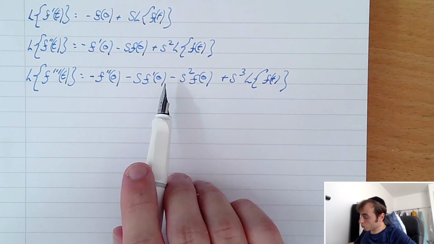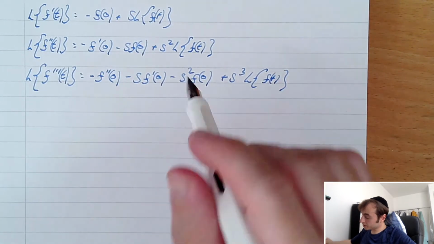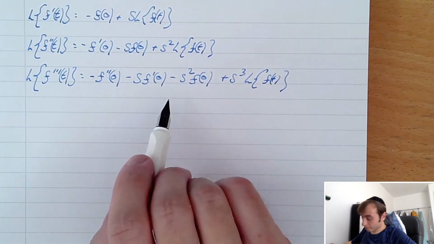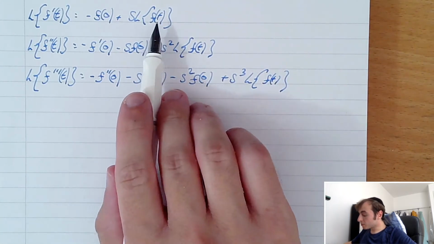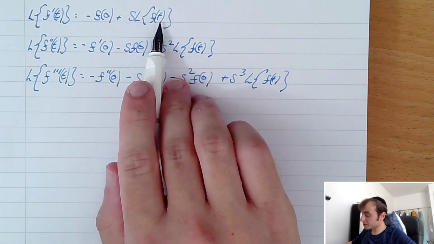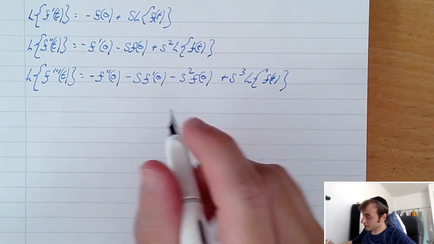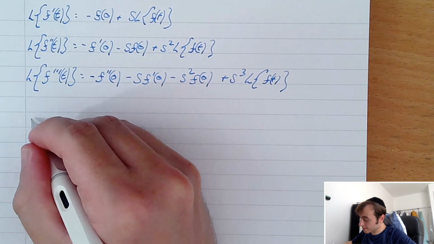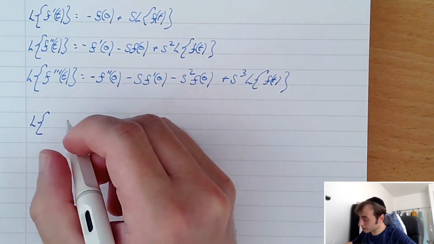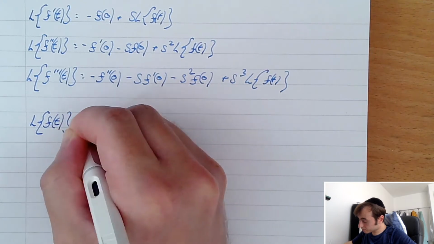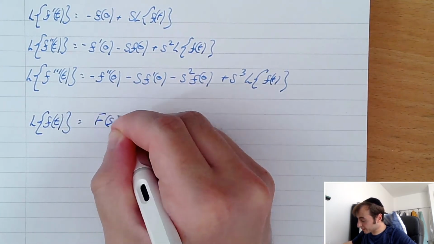Now, what I'm going to do is actually just rewrite this, but I'm going to replace the Laplace transform of f of t with F of s. So we can say that the Laplace transform of f of t equals F of s. That we know.